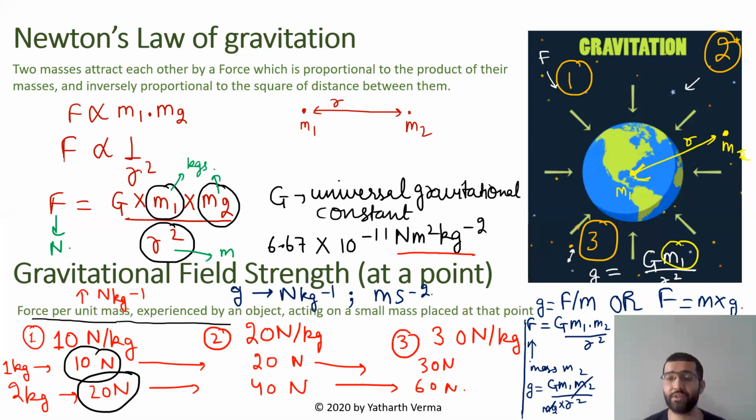So here M1 was the mass of the earth because the earth's gravitational field strength we were finding, and R was the distance from the center of the earth. So this is how it is done.